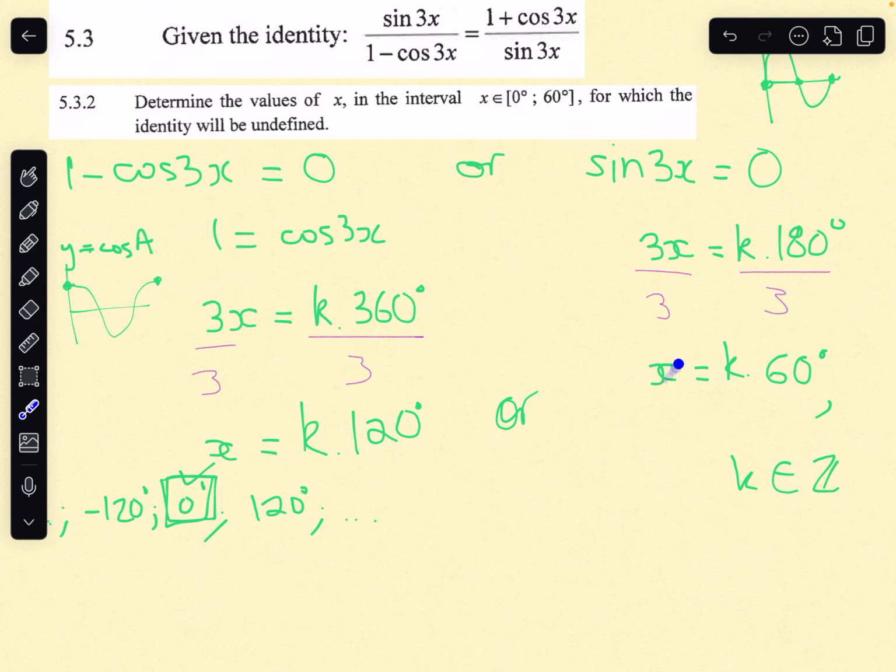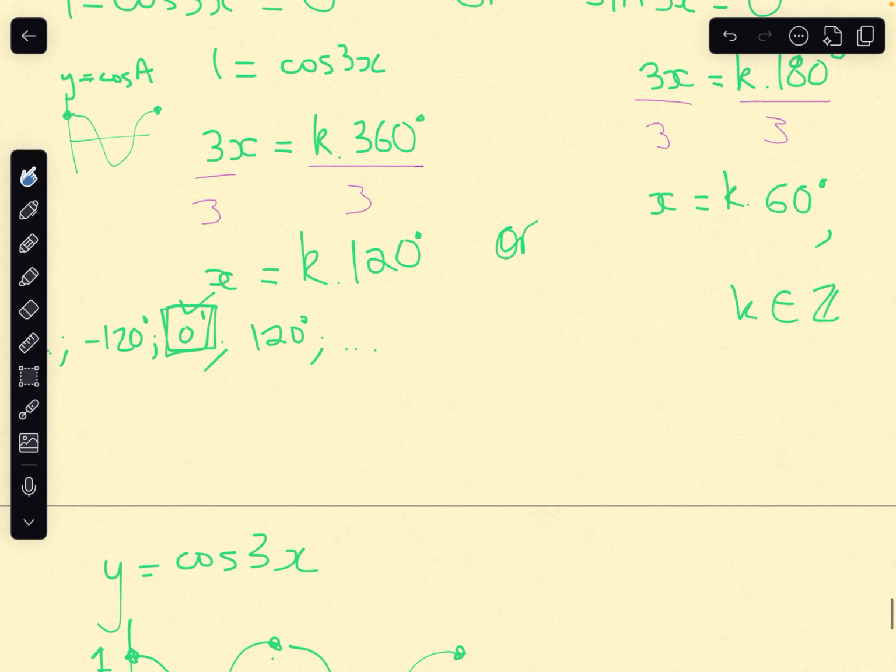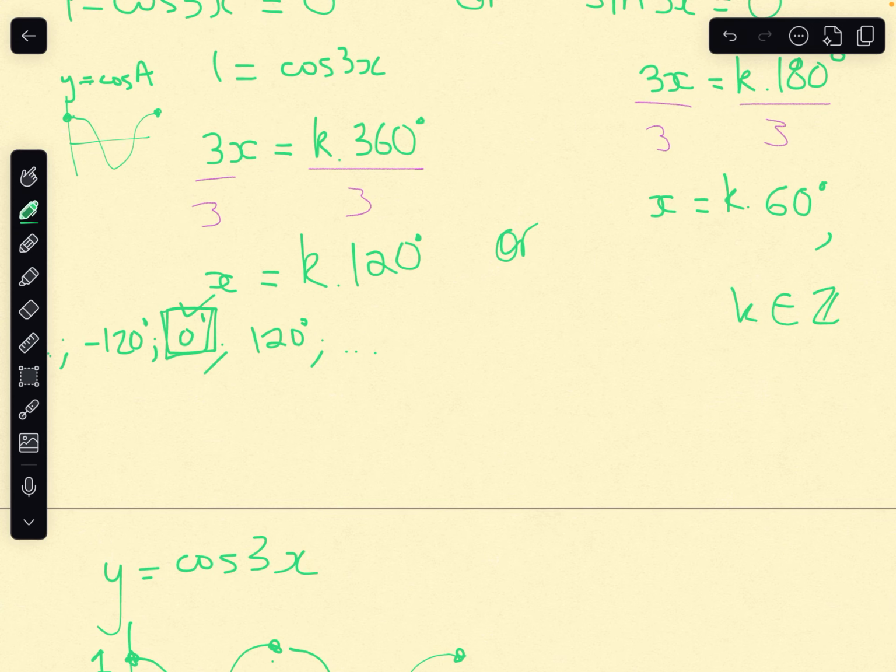And then from this solution here, if we start with -1 for our k, we have -60, which is too small. So anything smaller will be too small. And then 0 times 60 is 0, 1 times 60 is 60, 2 times 60 is 120. So now that's too big for our interval.